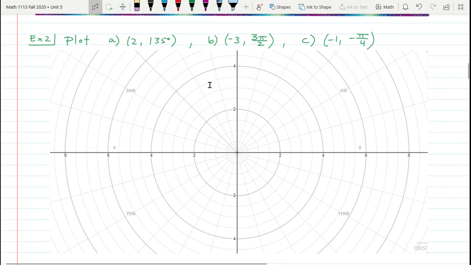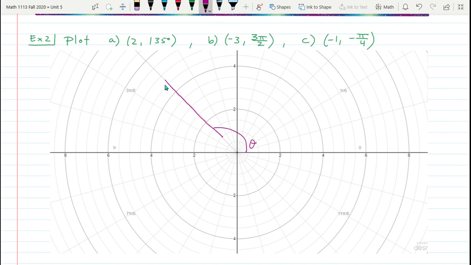So I know the point is going to be somewhere on this line, because that's how much theta is. This is very hard to draw, but that's the idea.